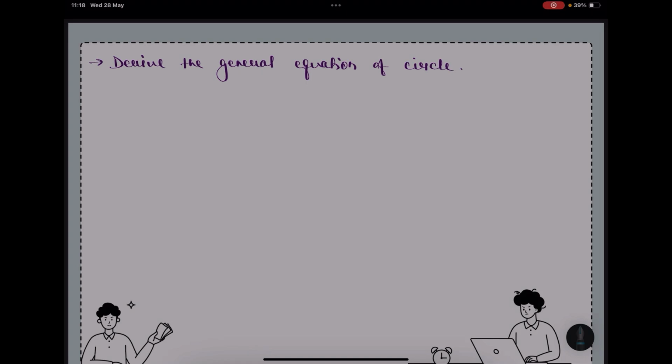Okay, now we have to understand under what conditions that 2-degree curve will represent a circle, and there is a situation also when that 2-degree curve will represent parabola, ellipse and hyperbola. We will study that later. For time being, just recall that situation. So it was ax square plus by square plus 2hxy plus 2gx plus 2fy plus c equals to 0.